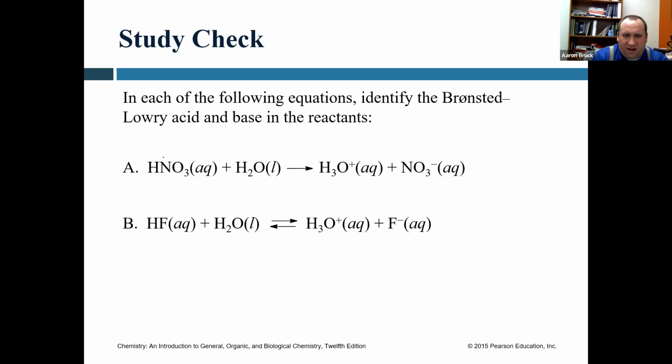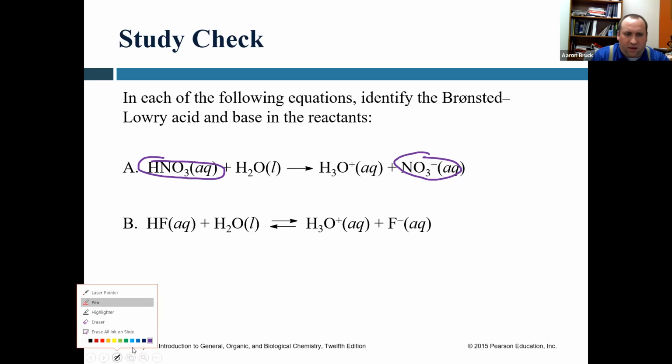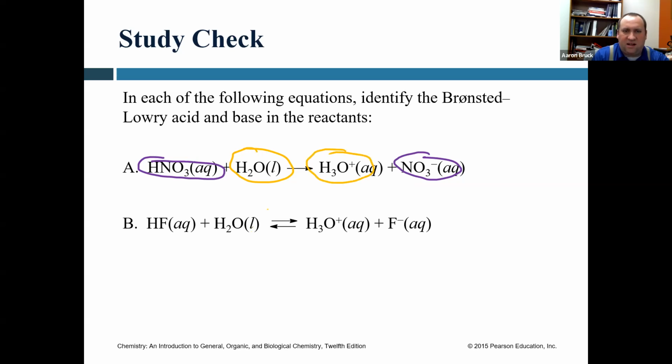I can look here and see, okay, HNO3, well, on the product side, the product that is closest to HNO3 is NO3 minus. And on the flip side, the water, its closest cousin is this H3O plus.